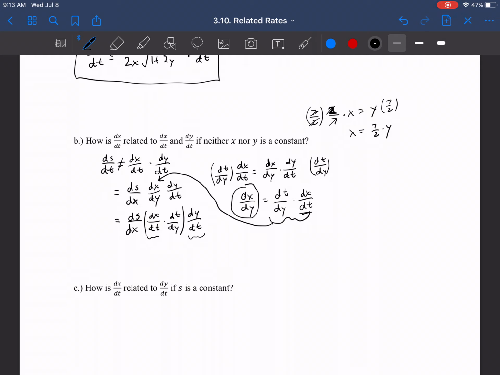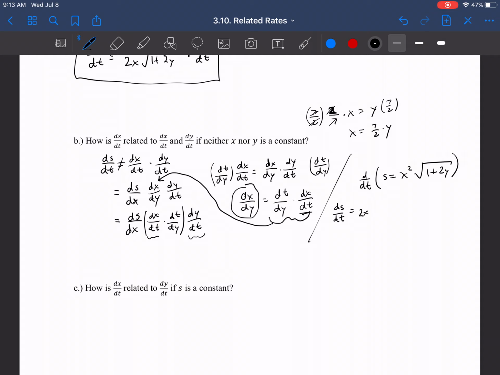All right, so we can take the derivative of s equals x squared times the square root of 1 plus 2y, and then ds/dt is going to be, now remember, neither one of these is a constant, so I have to actually do the product rule here.